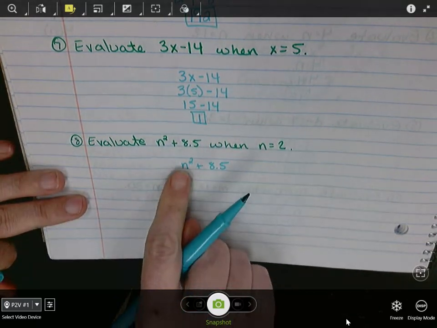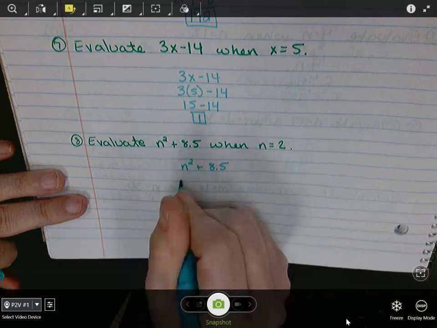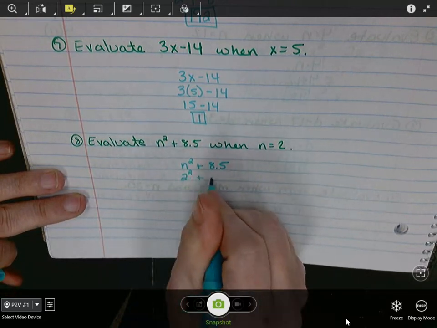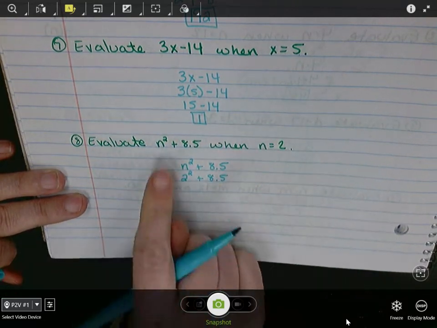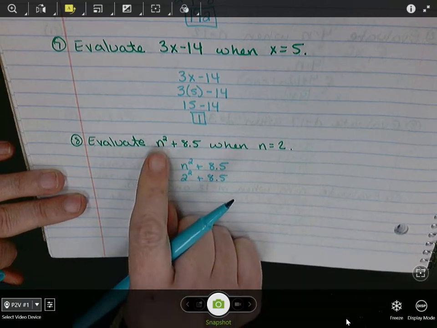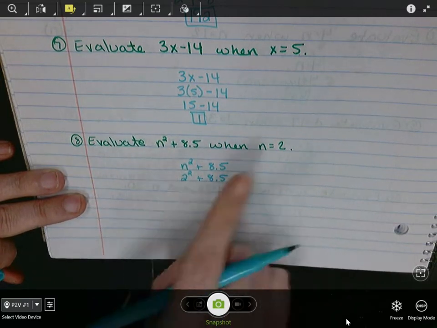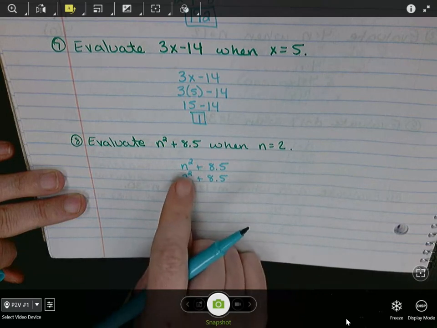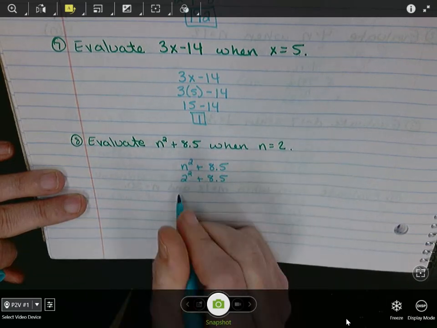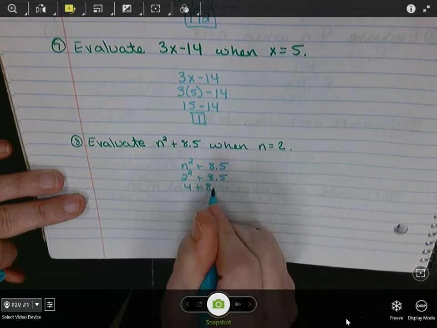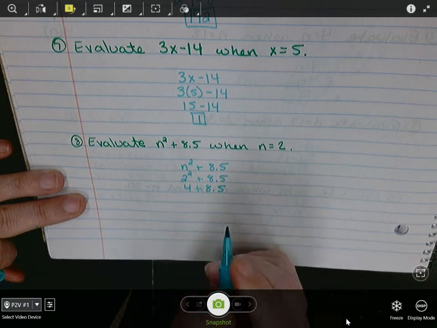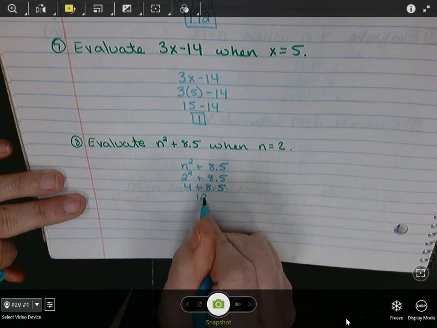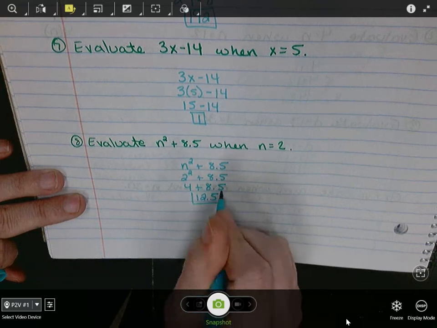And then we're going to substitute in 2 for n. So it's 2 squared plus 8.5. Now remember, squared means you multiply it by itself, so n times n. Well, n is 2, so you do 2 times 2, and 2 times 2 is 4. And 4 plus 8.5 would be 12.5, or 12 and 5/10.